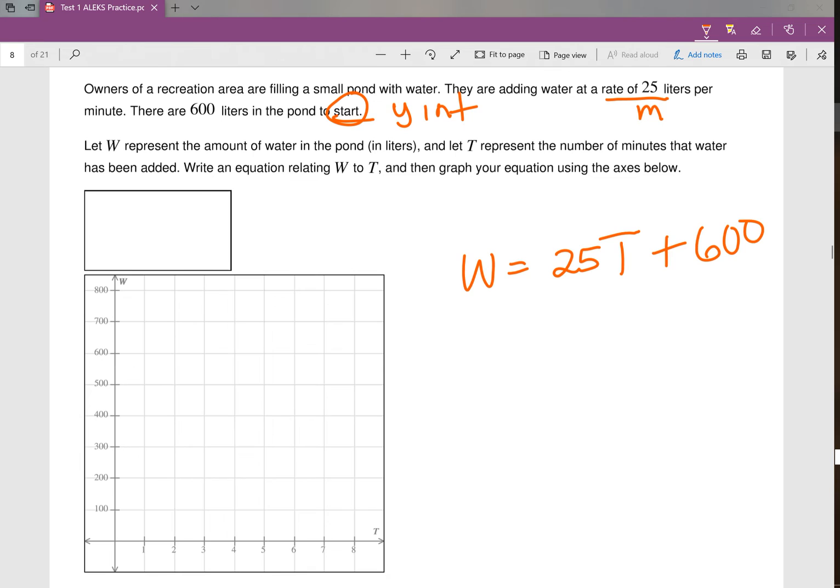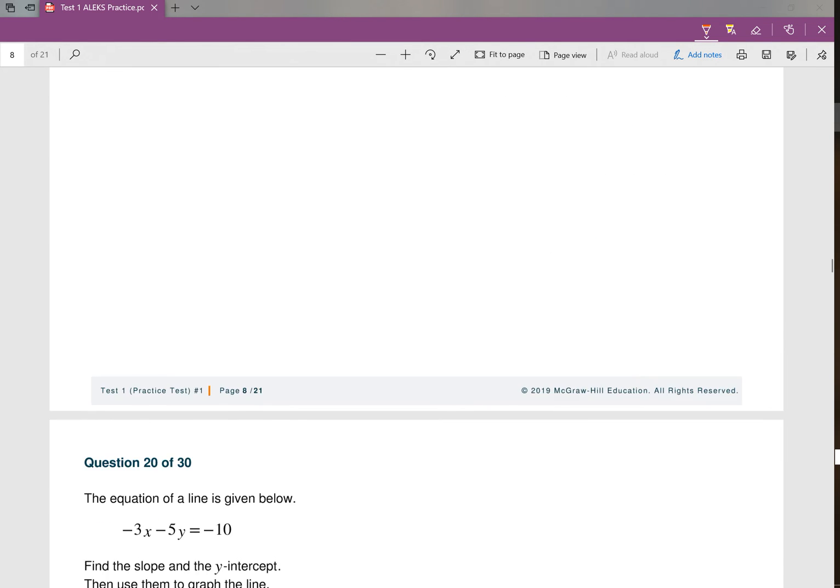When t is 0, we're at 600. Let's pick another number. When t is 4, this should be at 700. And when t is 8, it should be at 800. So you basically are substituting.